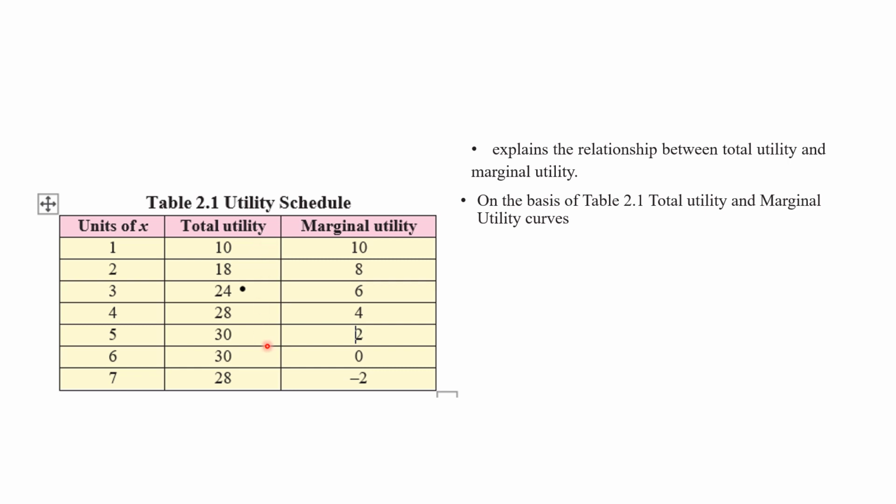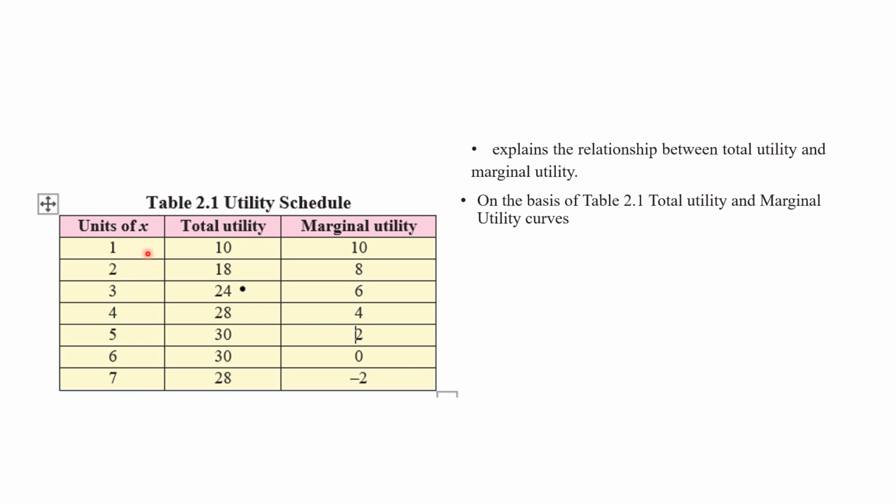So here also they gave numbers to the commodity. After consuming them, how much utility we are getting is written in numbers. This explains the relationship between total utility and marginal utility. So I will explain this table.